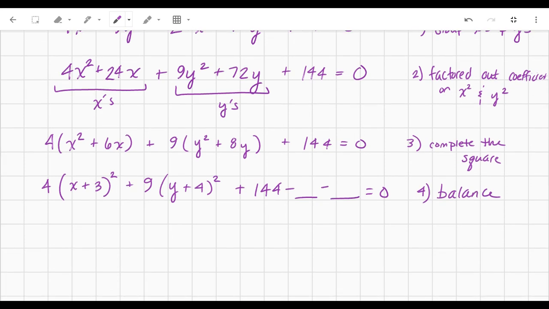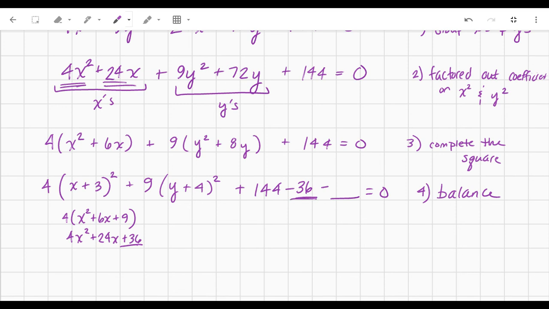If I expand this, I'd have x squared plus 6x plus 9. If I distribute that 4, I have 4x squared plus 24x plus 36. If you look back up here, I want 4x squared, I want 24x, but I don't need that 36. So that 36 is one of the things that I subtract out. The plus 36 here with the minus 36 here balances.